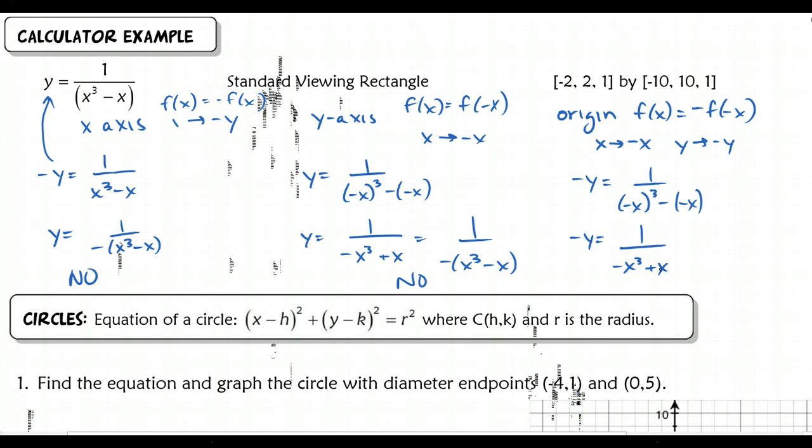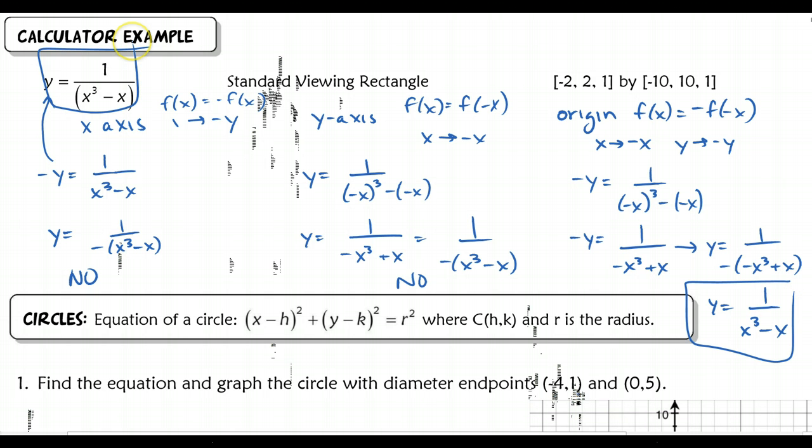I'm going to multiply by negative 1, and I end up with y equaling 1 over positive x cubed minus x. So you can see that this is indeed the exact same as our starting equation. So this is symmetric with respect to the origin.